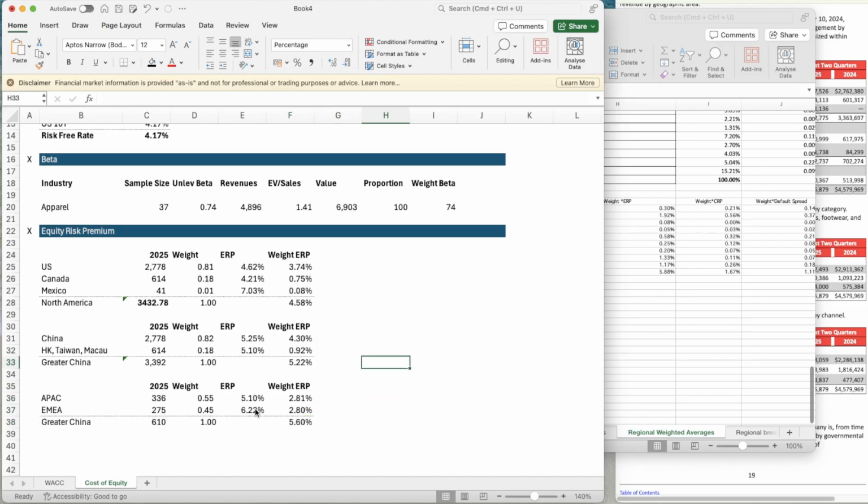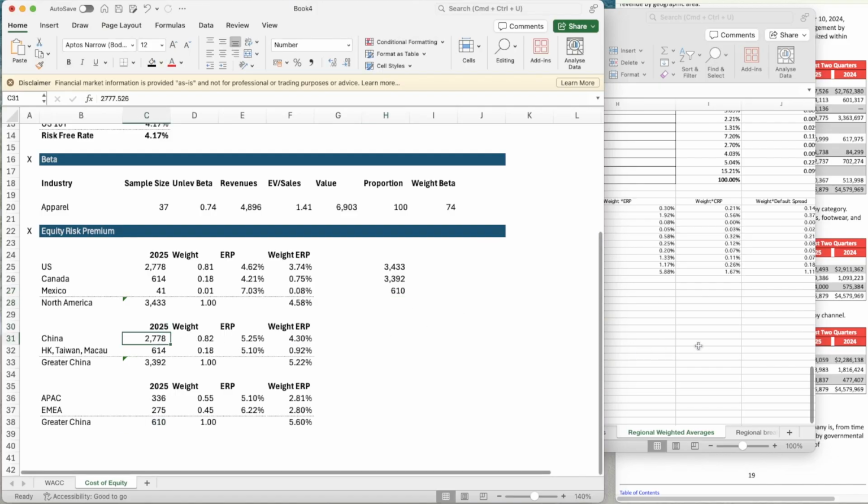Okay, now what we do, we need it for all of them. So we need to do the revenues. This isn't right, sorry. I've done China revenues all wrong.